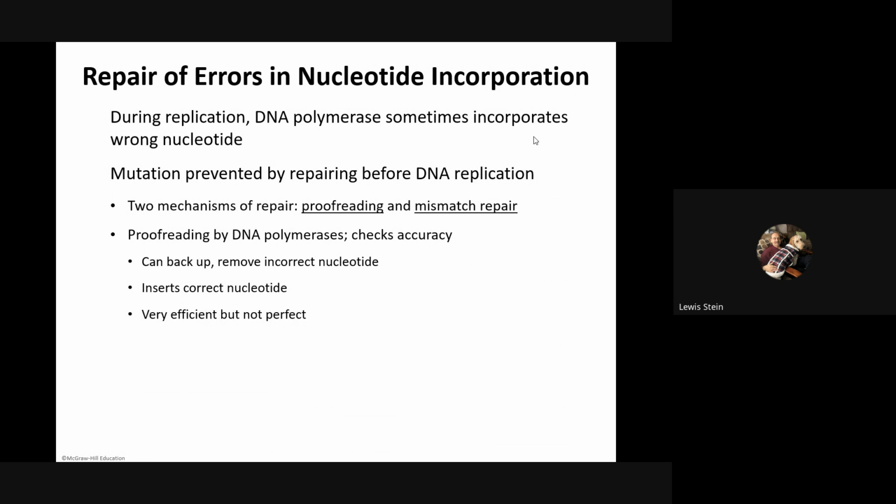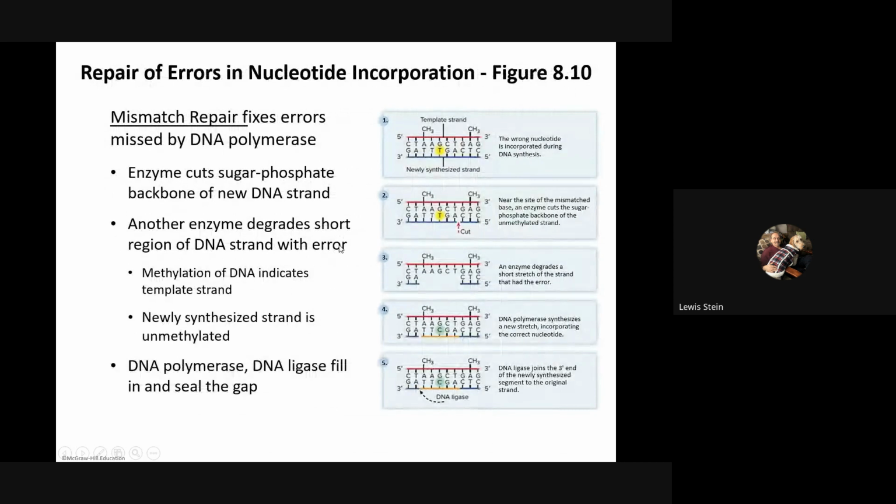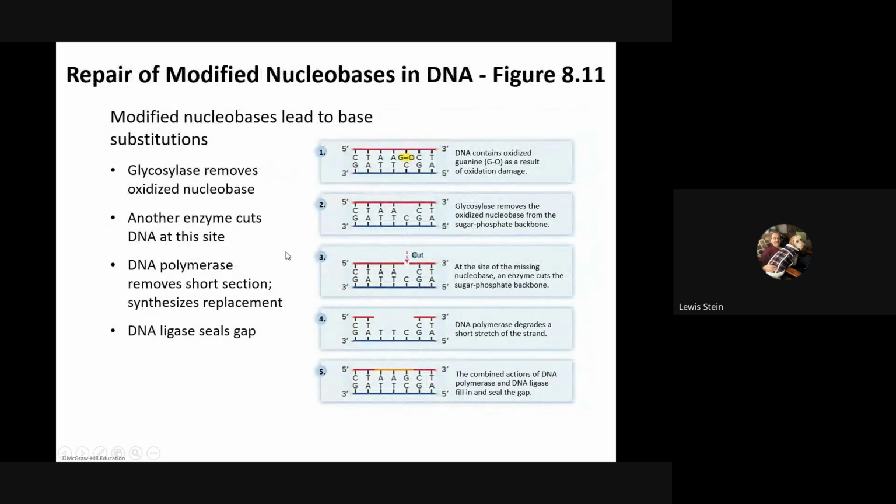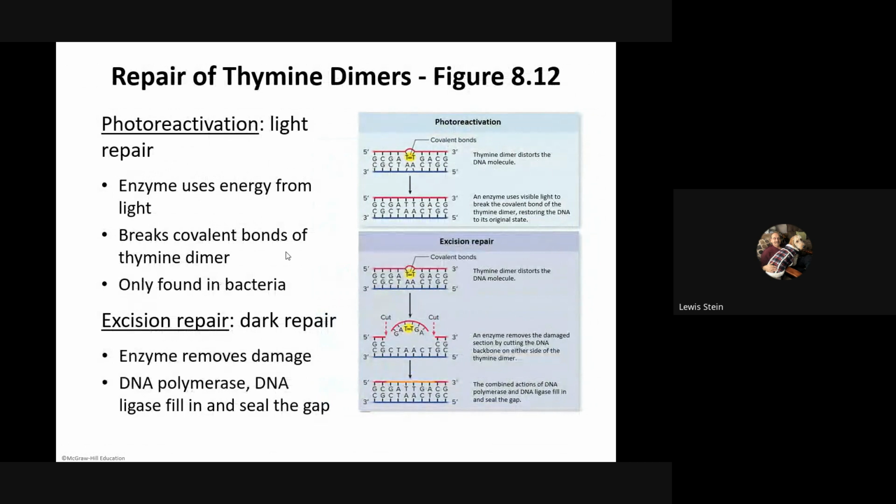Like I went up and down the aisles like I always do, it's just likely to repair the good strand and make it into another bad strand. So there are different ways, and it's not necessarily effective. Mismatch repair sometimes fixes errors that DNA polymerase misses, but not terribly well, without going into the dynamics about it. So I don't do a lot of these. And then these are different repairs. There's a thymine dimer.